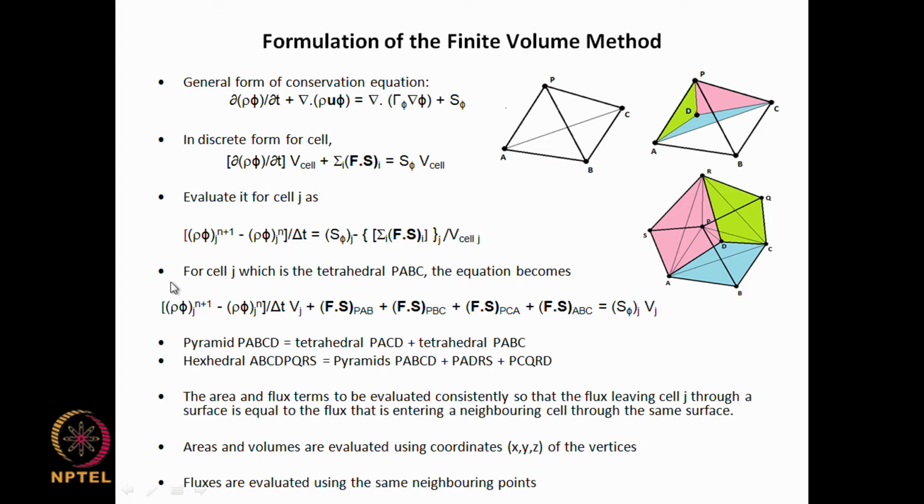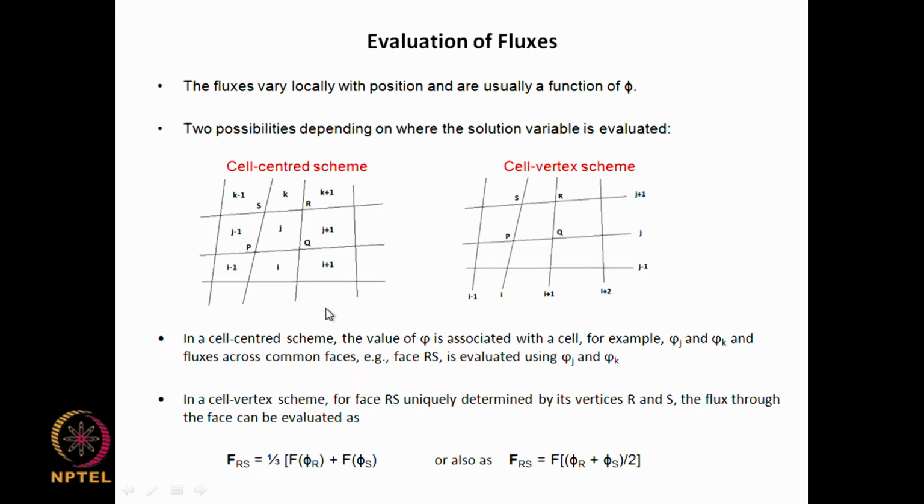So, with this we can write a generalized form, and by evaluating each of these fluxes and areas, we can come up with an overall formula in which the phi value at a particular cell is affected by the neighboring values through the fluxes, and you can see that you have phi r and phi s.